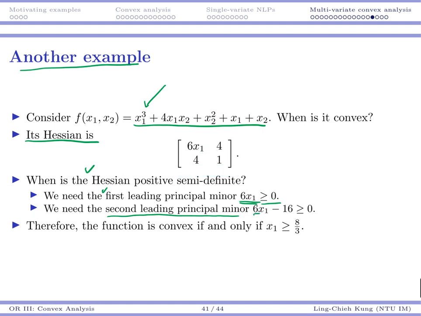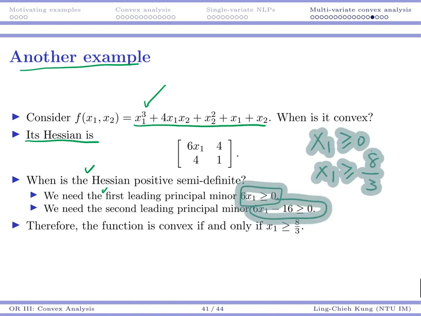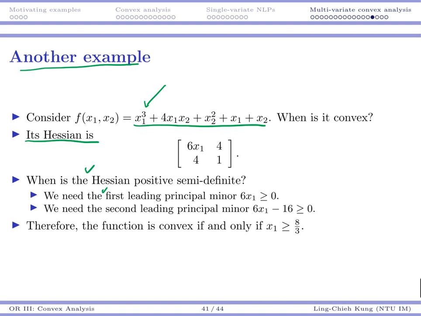So this should also be non-negative. Collectively, I would see that x1 should be non-negative for the first condition, and the second one says x1 must be at least 8/3. So that means the function is convex if and only if x1 is greater than or equal to 8/3, according to the analysis with positive semi-definite matrices.